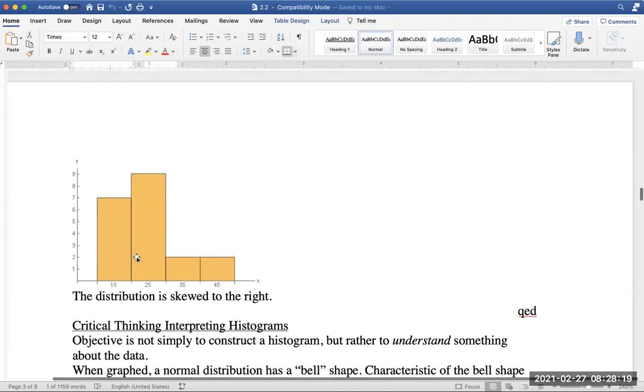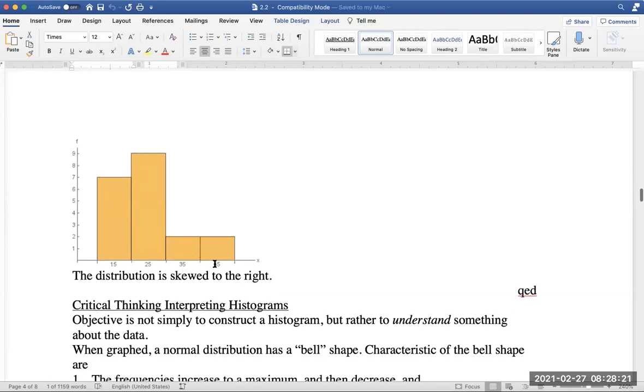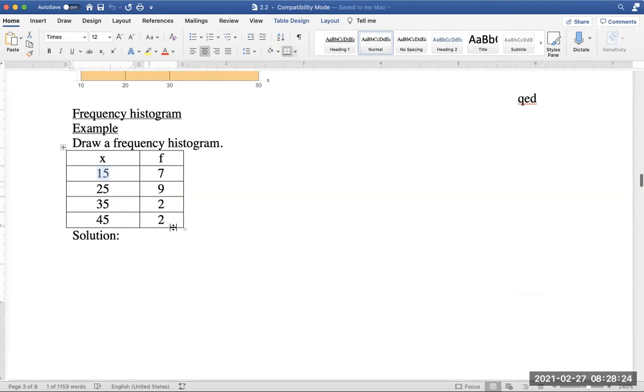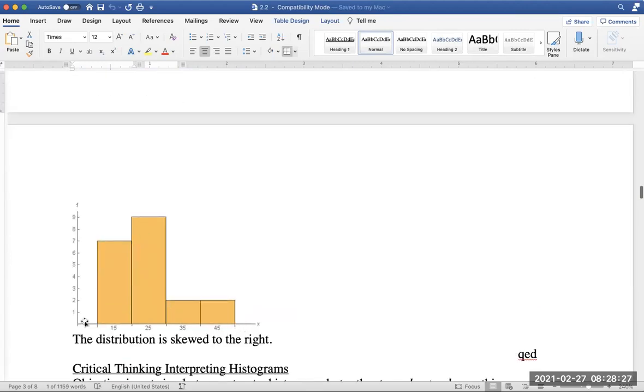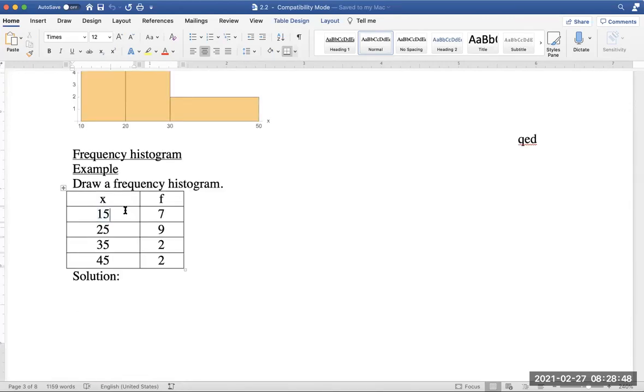And so I have here 15, 25, 35, 45, having heights 7, 9, 2, 2. I'll make them wider so that these bars join up and meet each other. This should have a class width of 10, with the middles being centered at 15, 25, 35, and 45. So really what I've done is I've made each of these into classes where these are class marks.